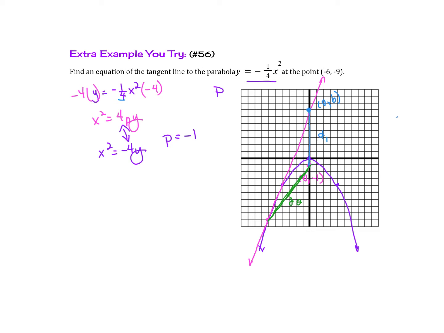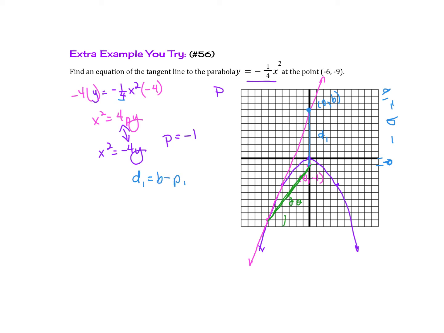And then P is down here. So to get a positive distance, we're going to say B minus P, because it's B minus a -1, which would make it positive. Okay, so it has to be a positive distance. So distance 1 equals B minus P. Let me write that.